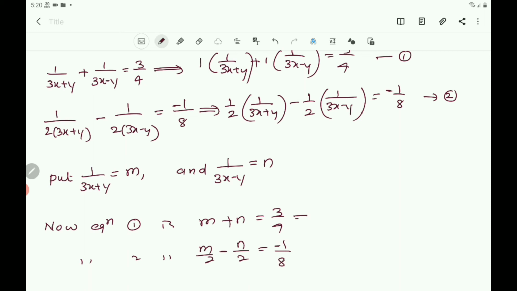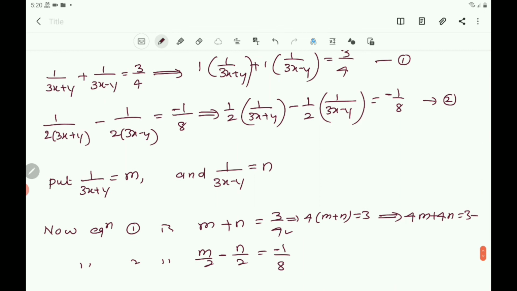Now for equation 1, since there is a 4, you do the cross multiplication. That implies 4 into (m plus n) equals 3, which also implies 4m plus 4n equals 3.